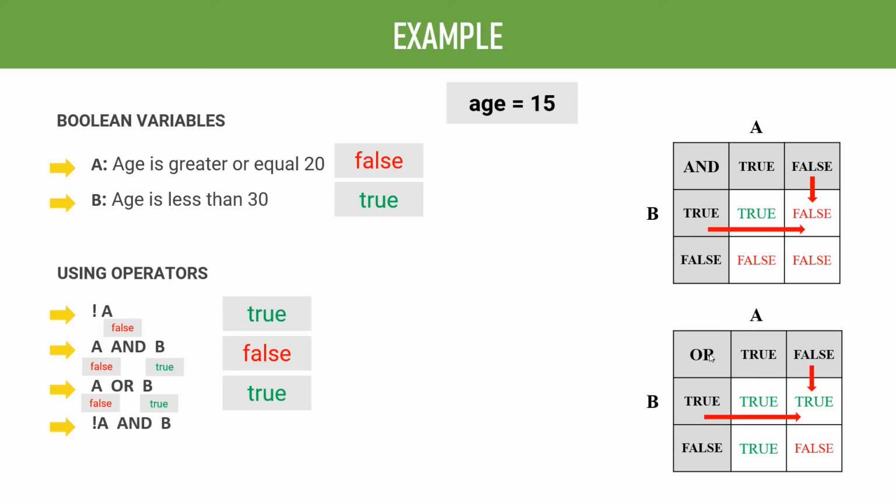Next up, let's check NOT A AND B. We already know that NOT A is true and B is true. And so at this time, for the first time, we are combining multiple operators, and here we already know that true AND true will of course be true as well.